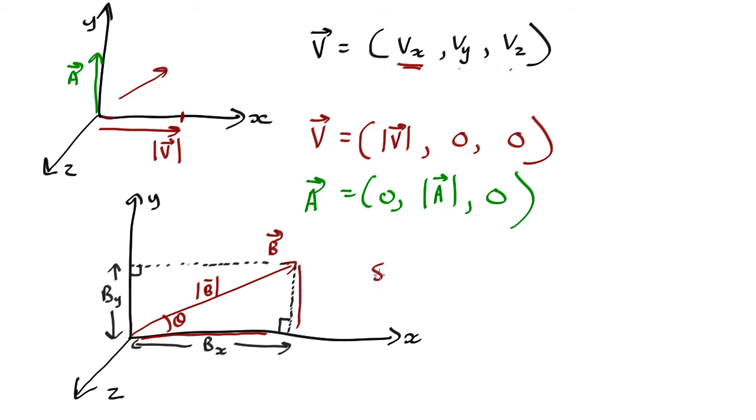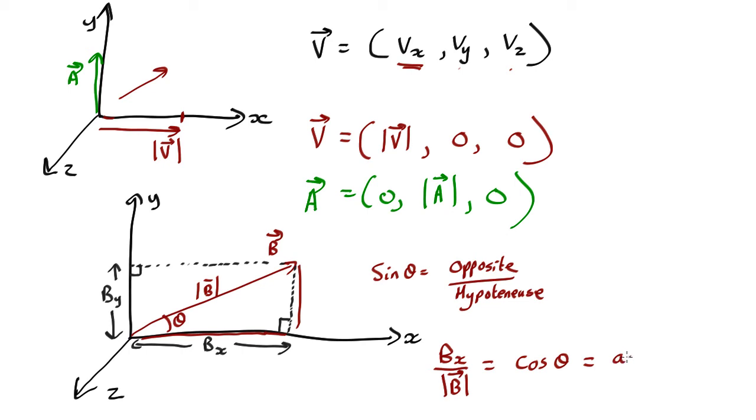So if you remember, sine theta equals opposite over hypotenuse, and cos theta similarly is adjacent over hypotenuse. So in this case, bx is the adjacent, so bx over the hypotenuse, which is the modulus, the length of the vector, equals cos theta. So that's adjacent over hypotenuse.